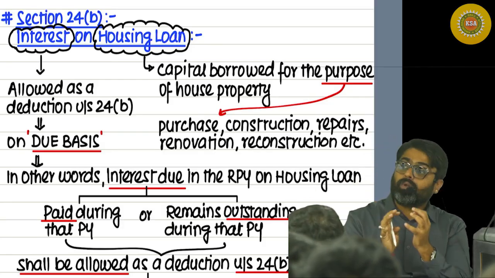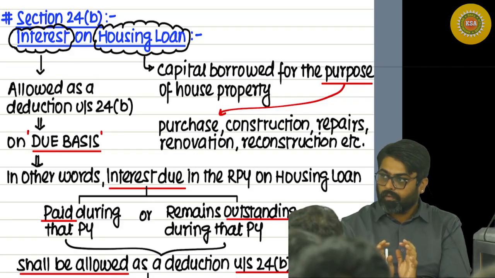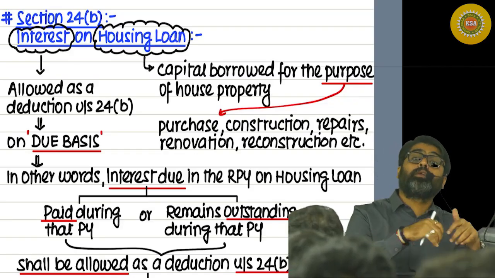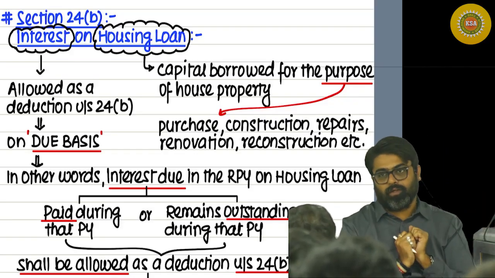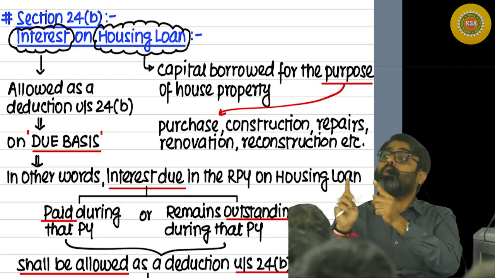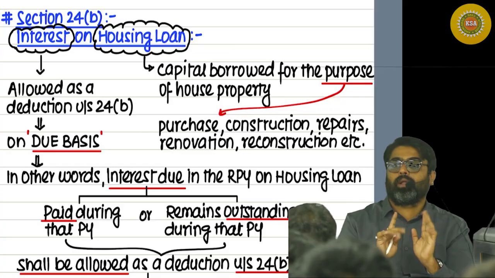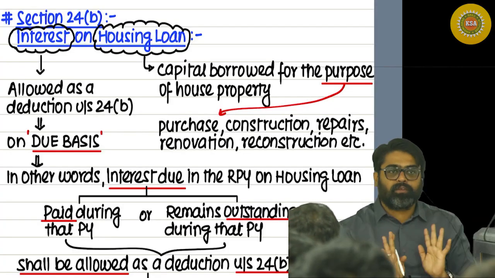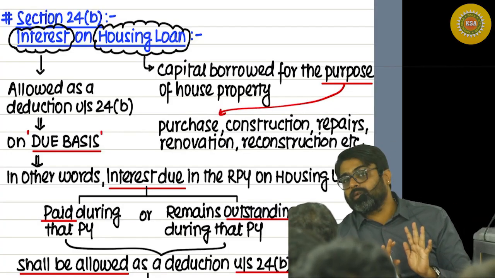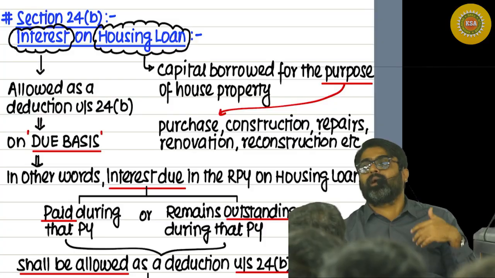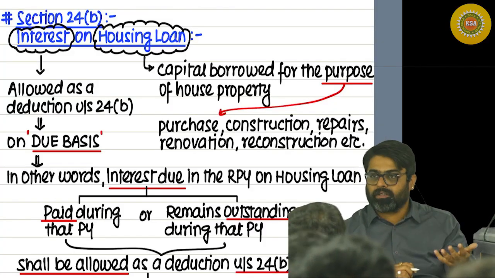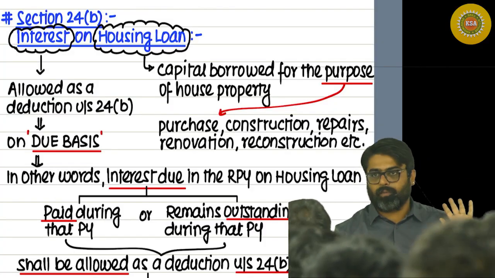Meaning the amount you will borrow, and that borrowed amount will be used for these purposes. Then that borrowed capital, that loan will be treated as housing loan if that loan is used for these purposes. Yes or no? What purposes? Construction, repair, purchase, renewal, reconstruction, etc. of your house property. Yes or no?